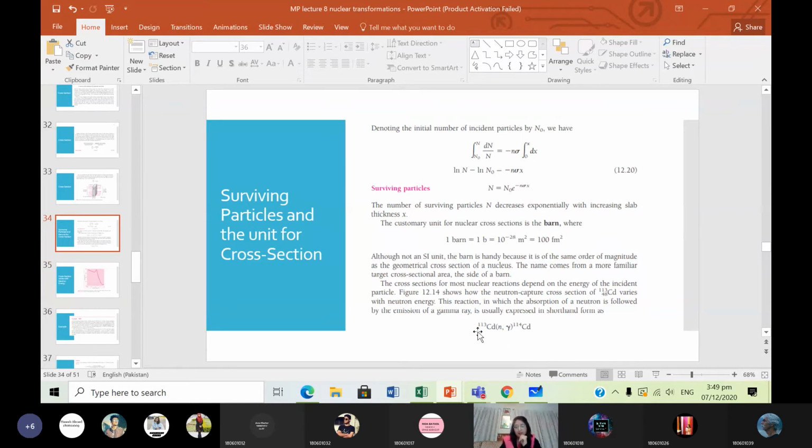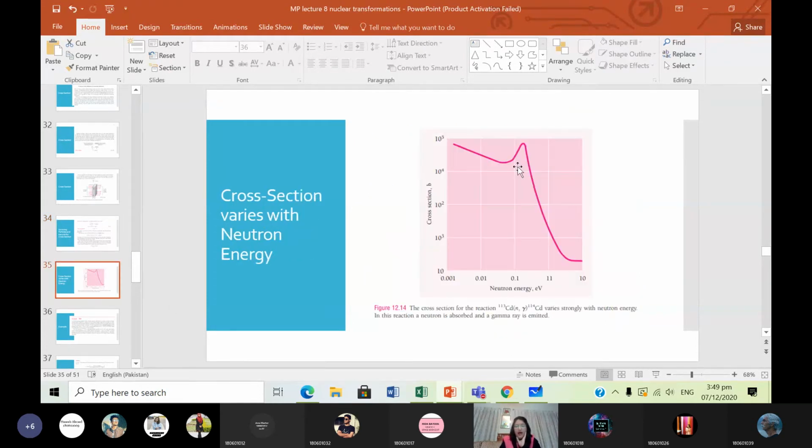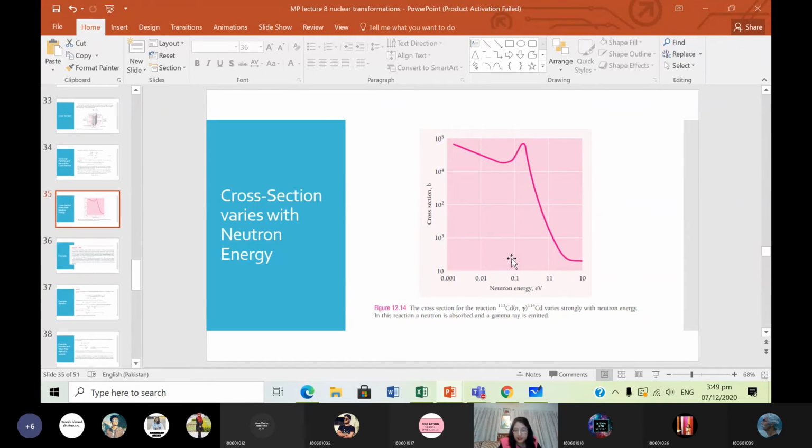That means that 113 cadmium absorbs a neutron, and what's left is 114 cadmium with the emission of a gamma ray. So this is a particular reaction, and the cross section for the reaction varies strongly with energy. So we get a diagram that looks like this. This is for the cross section of how it varies with neutron energy. Okay, as we can see over here, यहाँ पे maximum we get some peak over here. Okay.